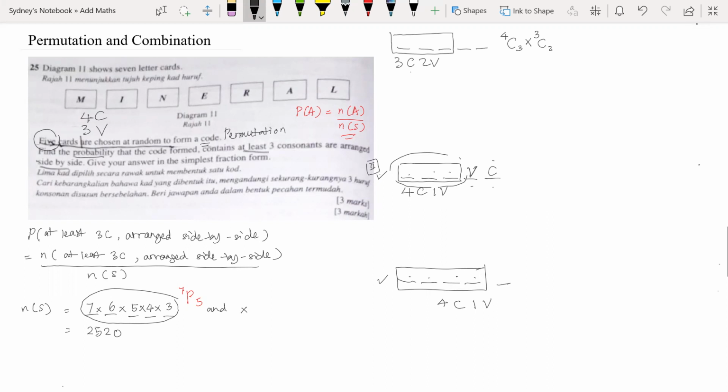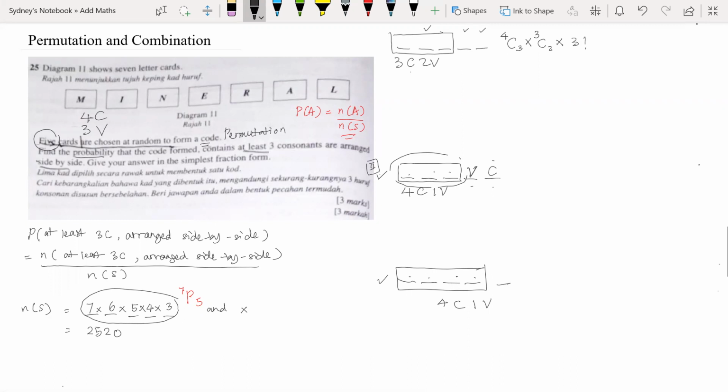Pull these 5 letters out, followed by permuting these 5 letters. So the permutation will be in the 3 consonant group and 2 separate vowels. So we have 3 items for us to arrange. Externally, we have 3 factorial.